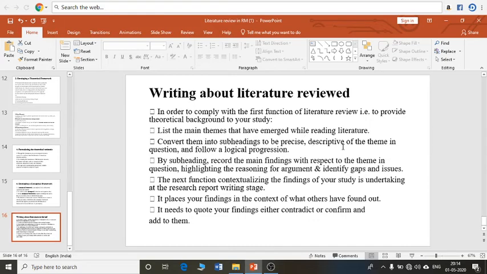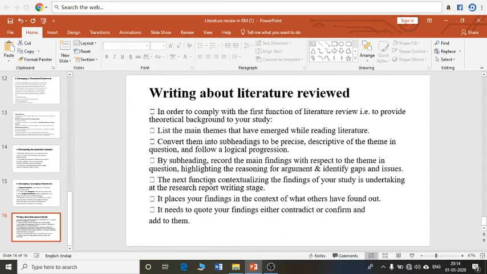These should be descriptive of the theme in question and follow a logical progression. Under each subheading, record the main findings with respect to the theme in question, highlight the reasoning for the argument, and then identify the gaps and issues between them.